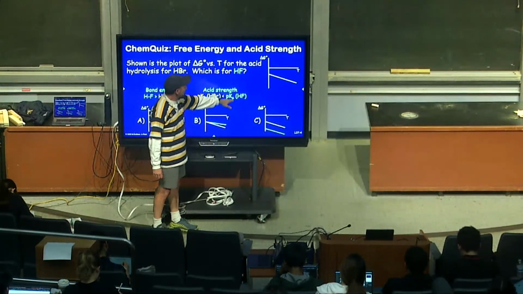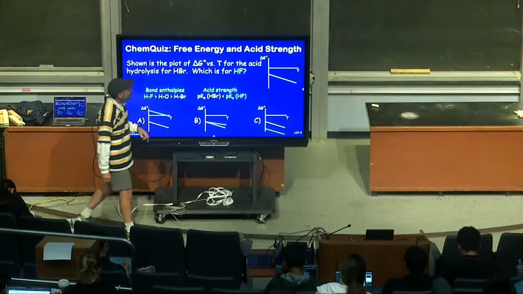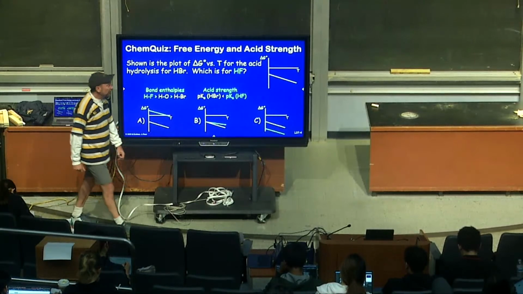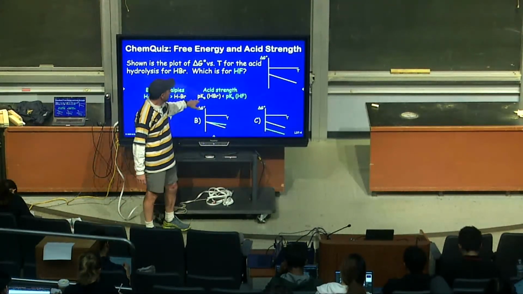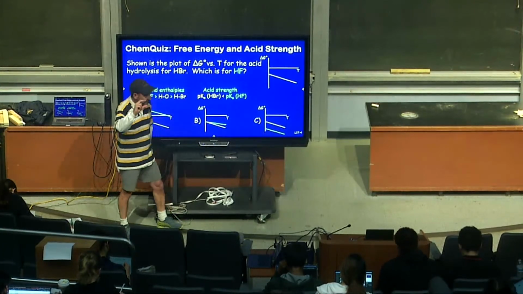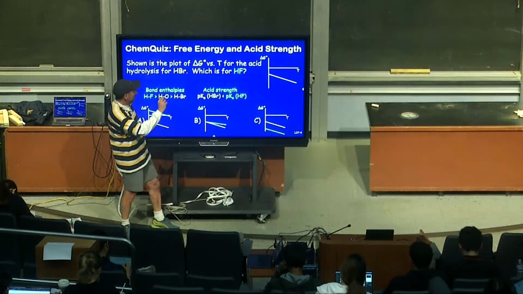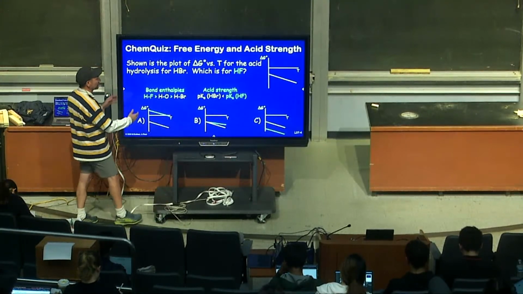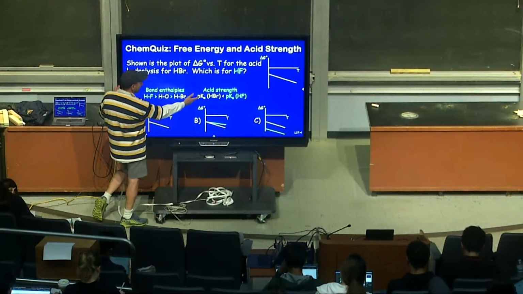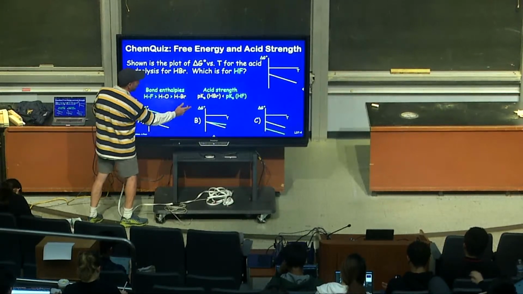The pKa of HF is numerically bigger. That means, remember, the smaller the pKa, the bigger the dissociation constant is. So stronger acid for the smaller pKa.